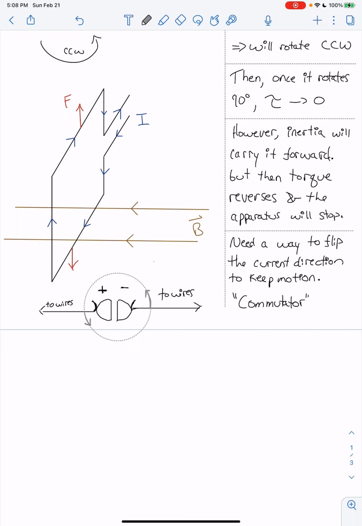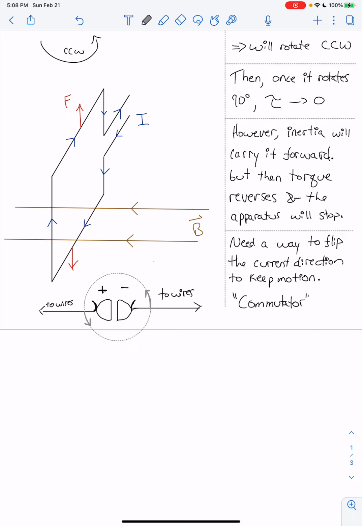This is how we design a basic electric motor, where we use the magnetic field and its ability to apply a force on a current to create rotation, and then we could hook up any sort of mechanical entity that we want to make use of that rotational motion.